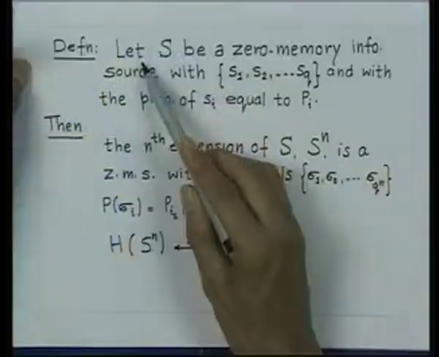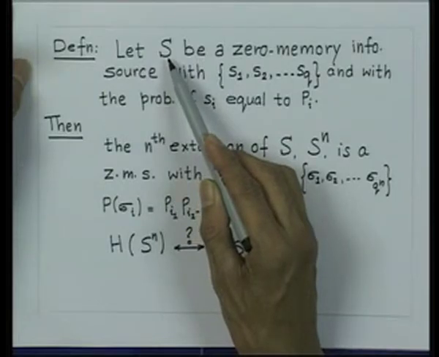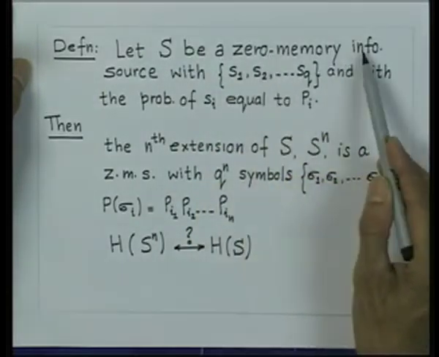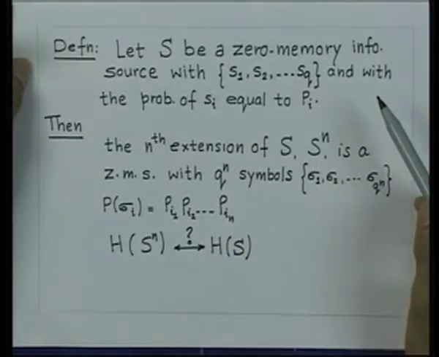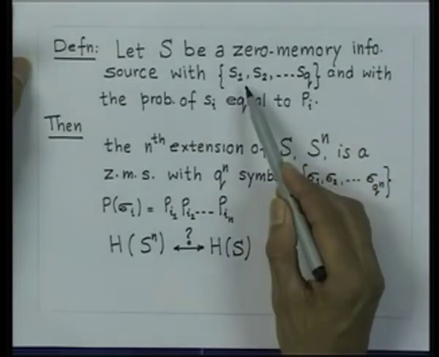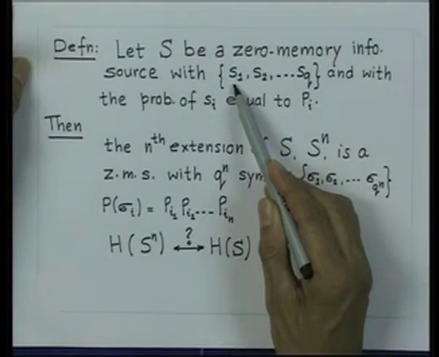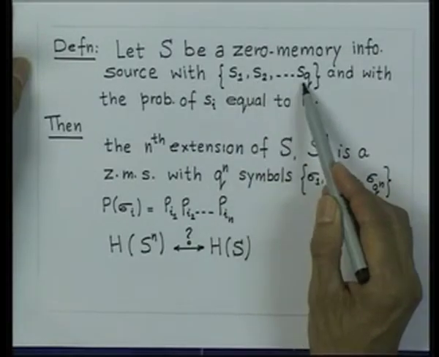Let me formally define this. Let me assume that I have a source S, which is a zero memory information source. This zero memory information source will have its source alphabet. I give the source alphabet as S1, S2 up to Sq.